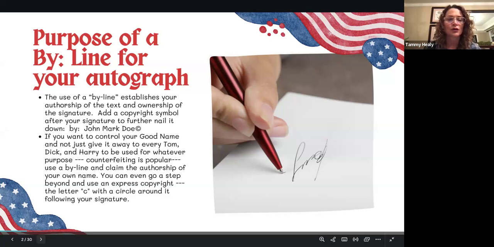If you want to control your good name and not just give it away to every Tom, Dick, and Harry to be used for whatever purpose, counterfeiting is popular. Use a byline and claim the authorship of your own name. You can even go a step beyond and use an express copyright, a letter C with a circle around it, following your signature. That's basically why we always use the copyright after our name.